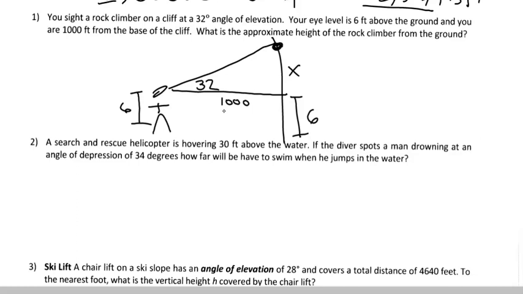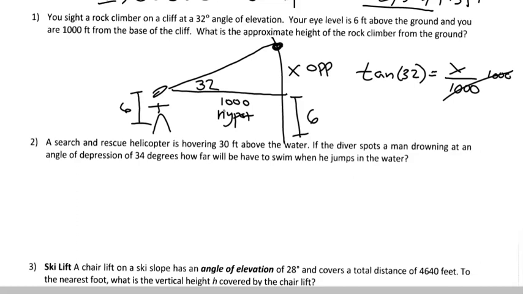So looking at this, what sides am I working with? Opposite and adjacent. Opposite and adjacent is tangent, if you look at SOHCAHTOA. So tangent of 32 degrees equals opposite over 1,000.